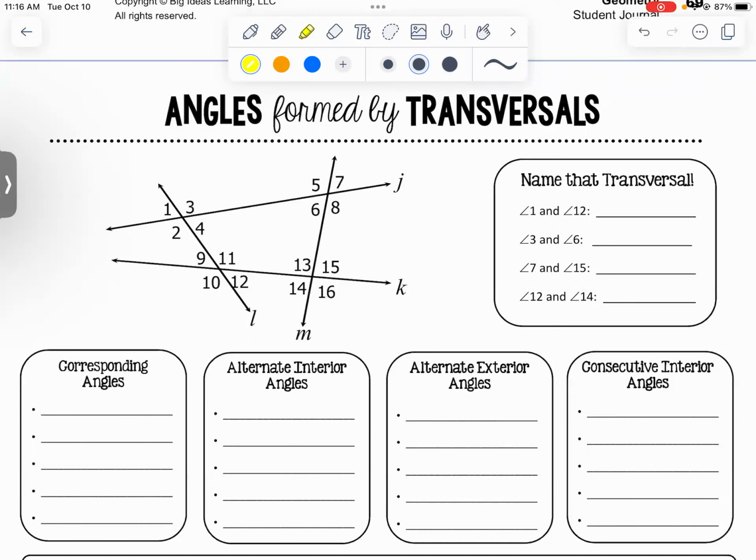Let's first talk about which one the transversal is. If I'm talking about angle 1 and angle 12, I don't care about what kind of relationship they are yet, but what transversal? And how do we know that that is the transversal?